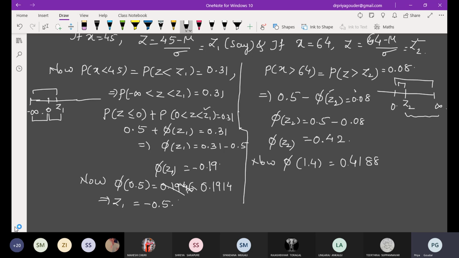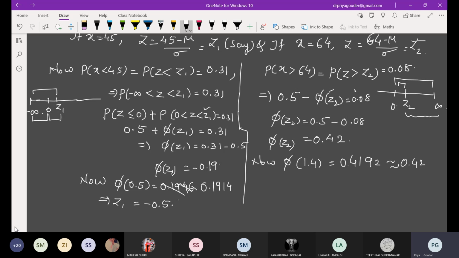Good. Isn't this nearly equal to 0.42? Because if you take any other value, it will not be that near. These are the nearer values.